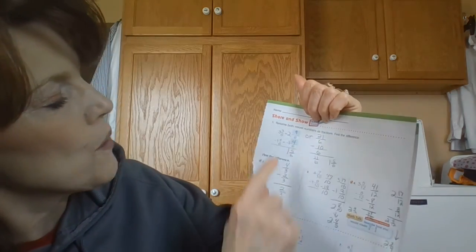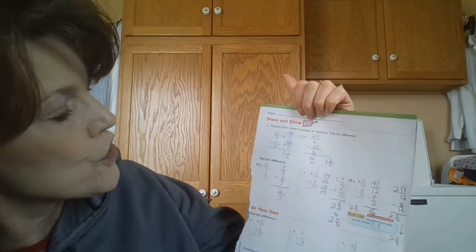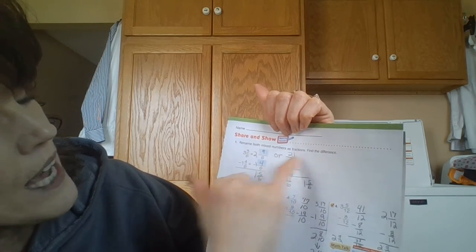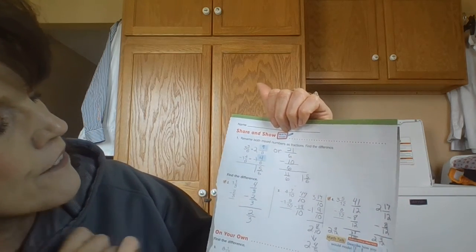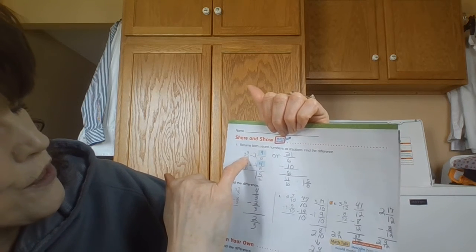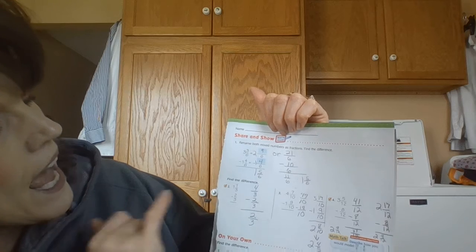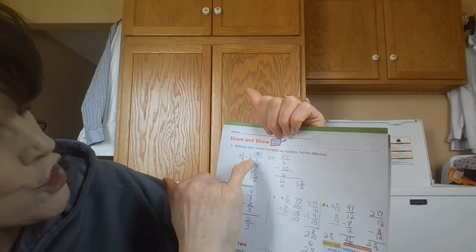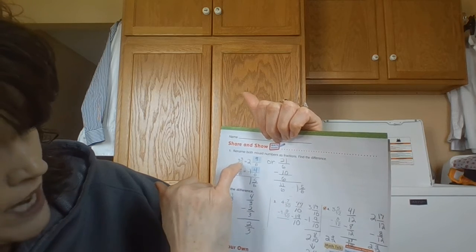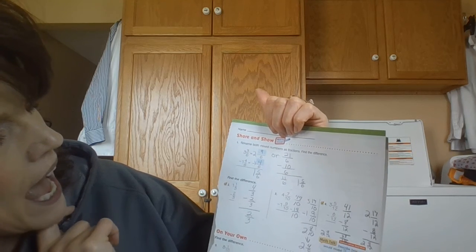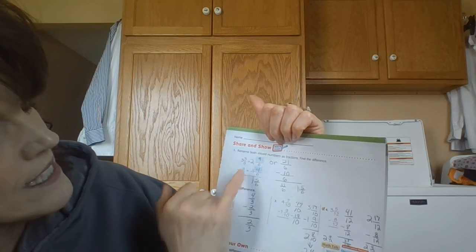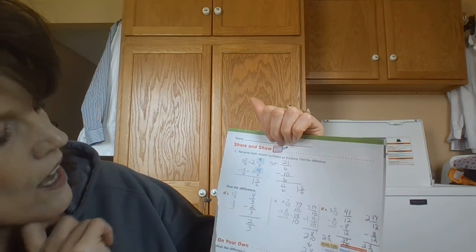I want to do problems 1 and 2 for share and show. Rename both mixed numbers as fractions, then find the difference. In the first example, they took 3 and 3/6 and they made it 2 and 9/6. What they did was subtract 1 from the 3, and they made it 6/6 and added it to 3/6 to get 9/6.